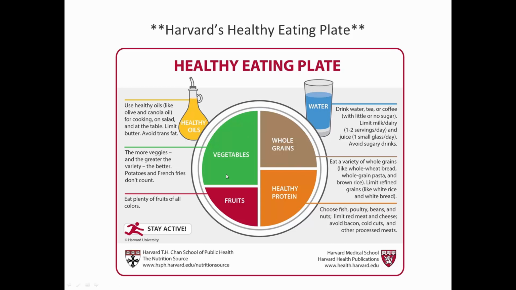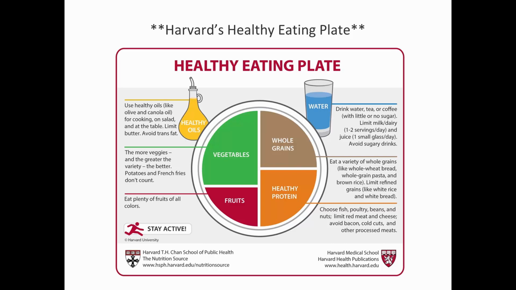They just say the more the better, and aim for a whole variety of colors, because the different colors will contain different nutrients. Just by the way, in this scenario, potatoes don't count because they do have such a high glycemic index that they're kind of like eating cake.